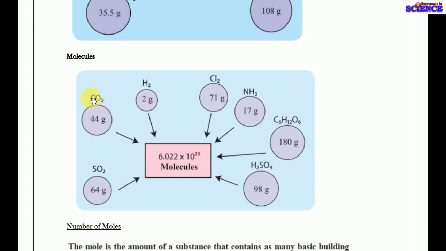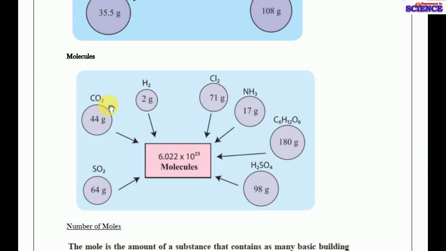If you want to find the number of atoms of carbon or oxygen, we need to go for another calculation. But here it says a simple thing. How many molecules of carbon dioxide are there in 44 grams? There are 6.022 × 10^23 molecules of carbon dioxide.